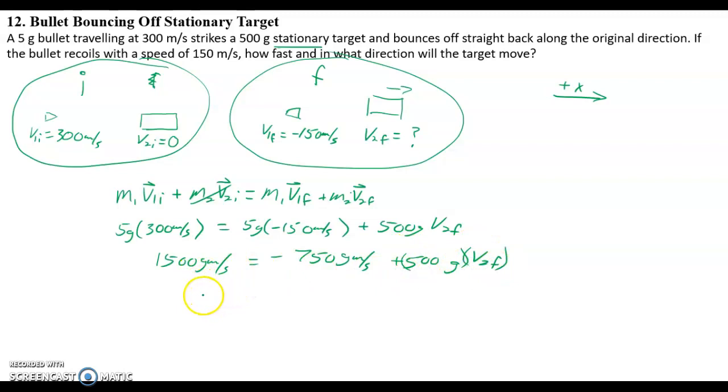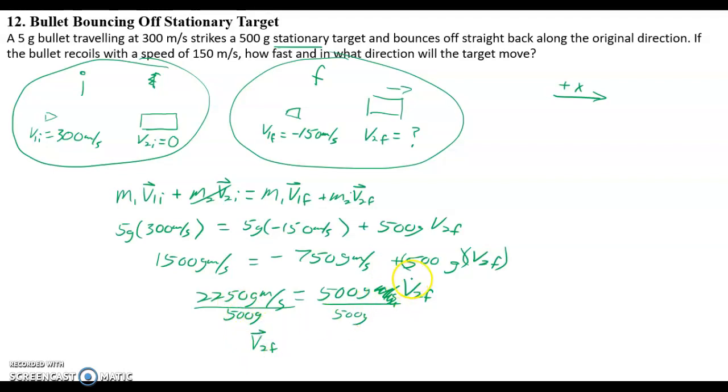All right, and then we get 2250 gram meters per second equals 500 grams times V2F, which will be measured in meters per second. And we divide by 500 on both sides. And 2,250 divided by 500 is 4, so we know this is going to be a little bit bigger than 4.